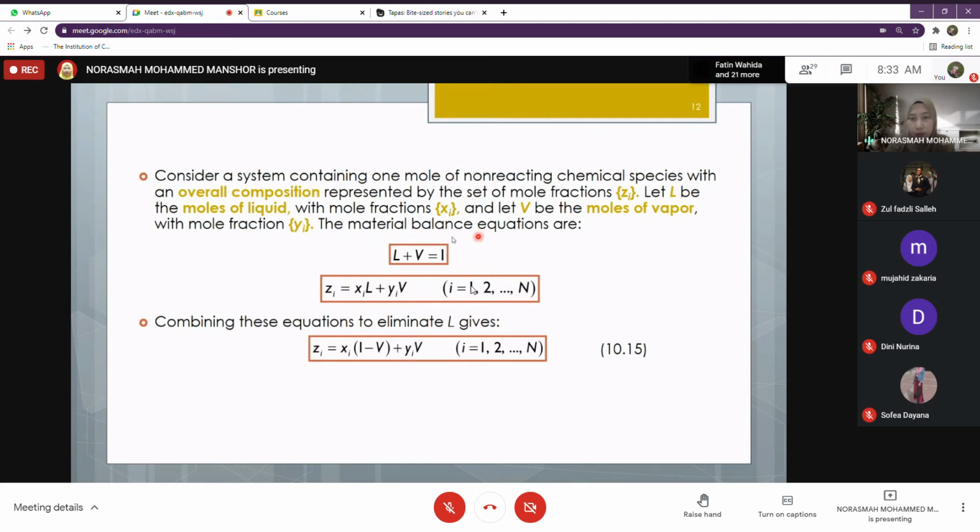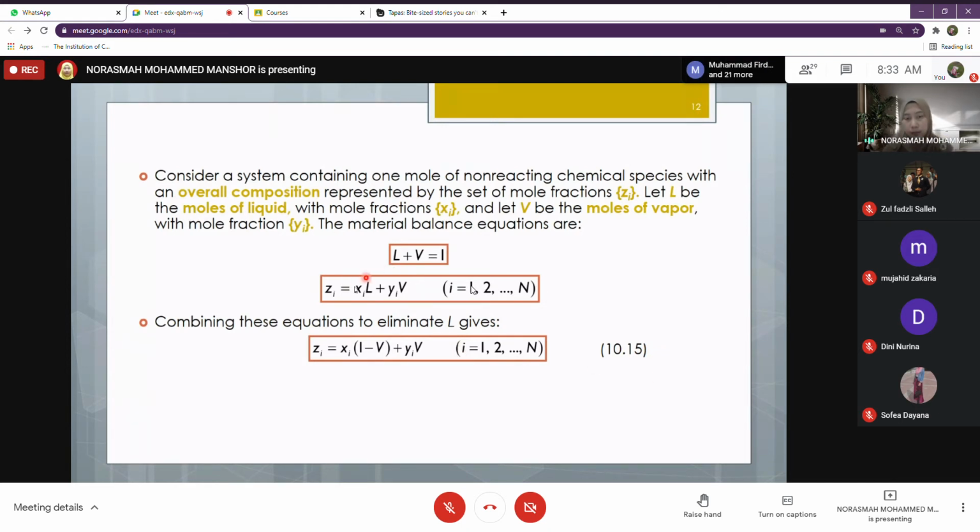From the material balance equation with a 1 mole basis, L plus V equals 1, so Zi equals XiL plus YiV. When you combine these equations, you substitute L with 1 minus V and simplify, and you get equation 10.15.